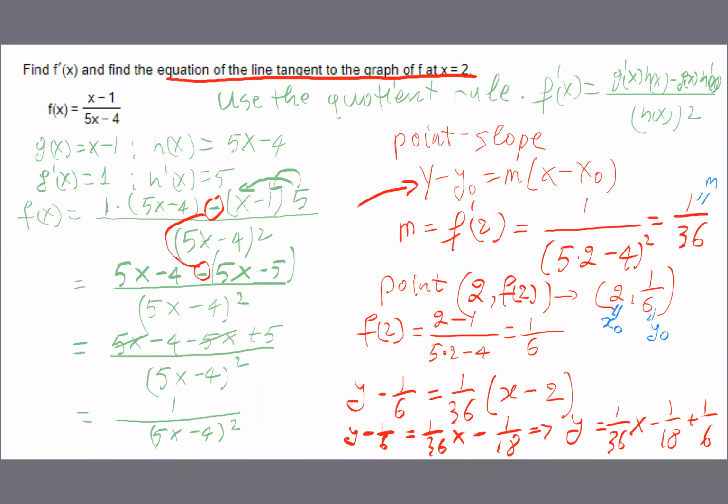So I'm just going to write the answer. y equals 1 over 36x plus 2 over 18. And 2 over 18 simplifies to 1/9.